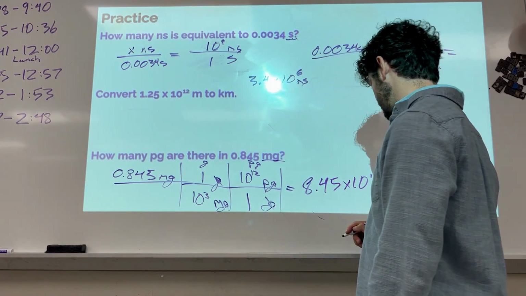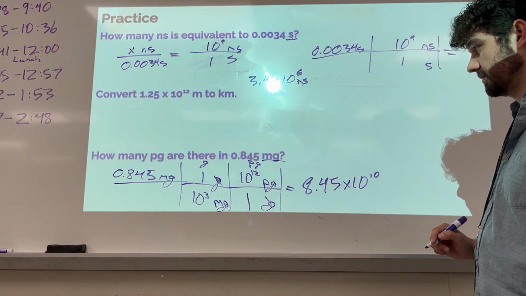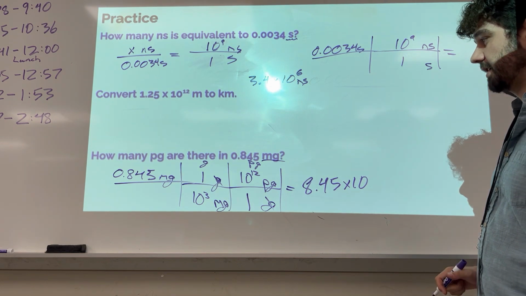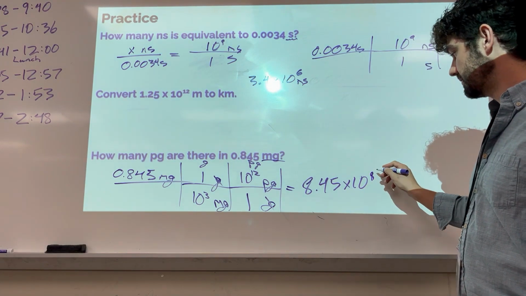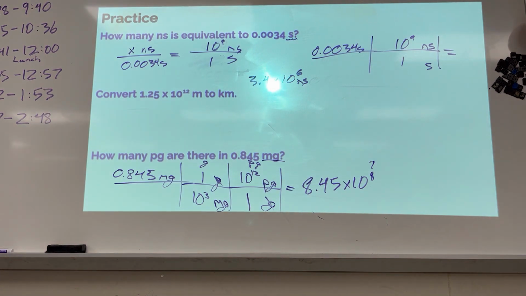Is it 10 to the 8 or 10 to the 10? You'll subtract 3 and 12 and 9, but I can't math in my head. Someone use a calculator and double check me. Can someone do the math real quick?